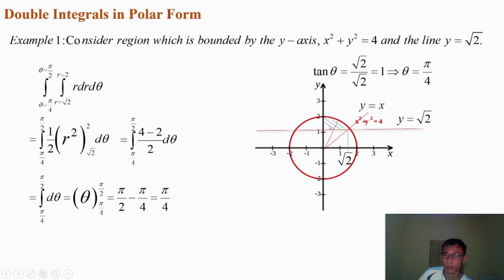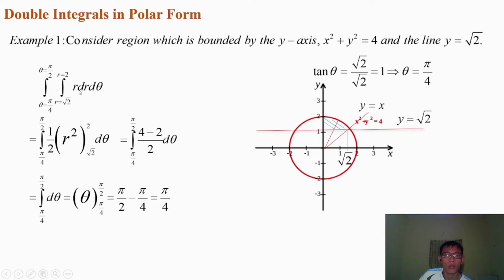And our theta is bounded from pi over 4 to here, which is pi over 2. Then substituting into our polar equation, we get the double integral for this area: the double integral of r dr d theta, where r goes from square root of 2 to 2 and theta from pi over 4 to pi over 2.